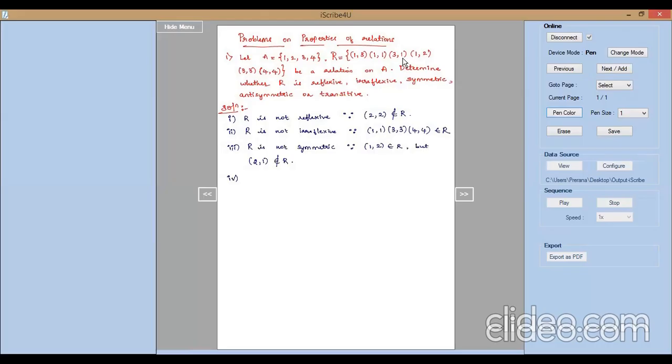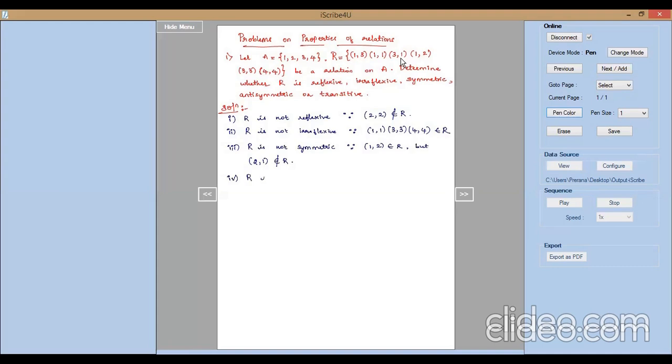You have to verify that for every element existing on the set A. So (1,3) belongs to R and 1 is not equal to 3, but (3,1) should not belong to R to say it is antisymmetric. Whereas (3,1) is belonging to R and hence it is not antisymmetric.